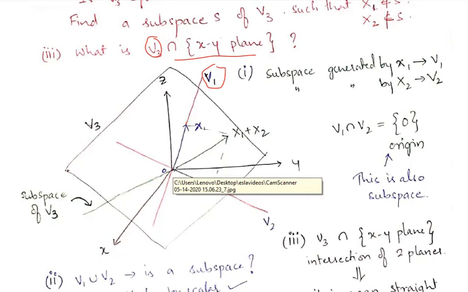These are the three conditions. So it contains the origin. Any scalar multiplied with x1 will fall here only. If you multiply x1 by 2, this vector gets extended, that's it.